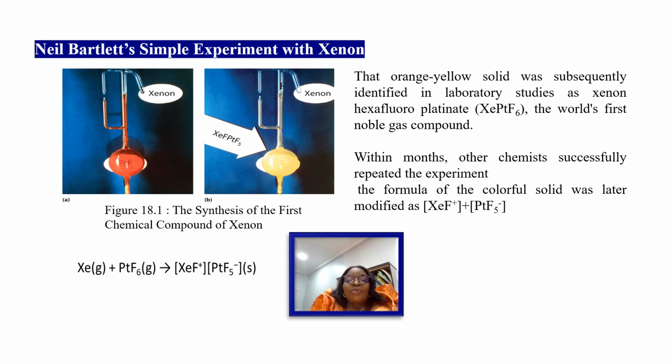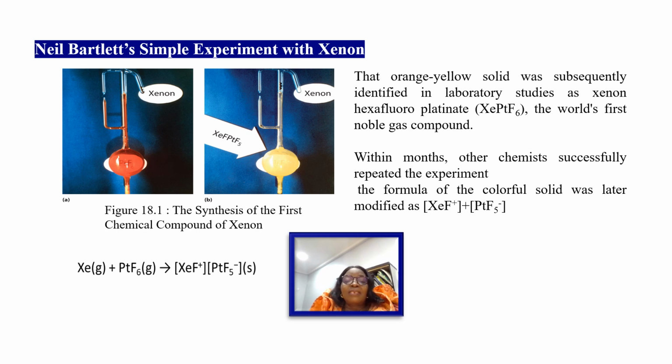The experiment of Neil Bartlett with xenon. It is important to explain this experiment. The widely held belief in the intrinsic lack of reactivity of the noble gases was challenged by Neil Bartlett, a British professor of chemistry at the University of British Columbia.